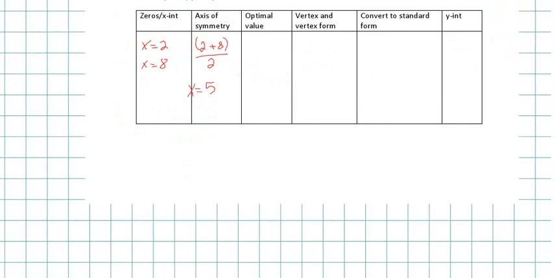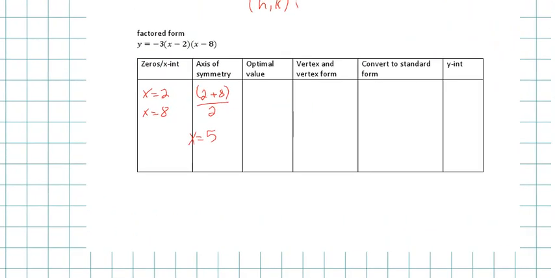So y equals negative 3 times (5 minus 2) times (5 minus 8). 5 minus 2 is 3, 5 minus 8 is negative 3. If I multiply all of this together, I'm going to get 27. So my optimal value is y equals 27.